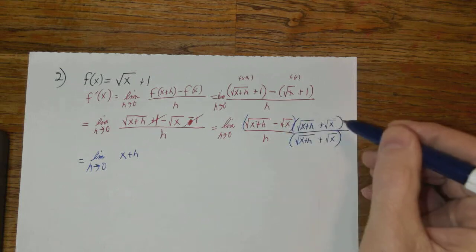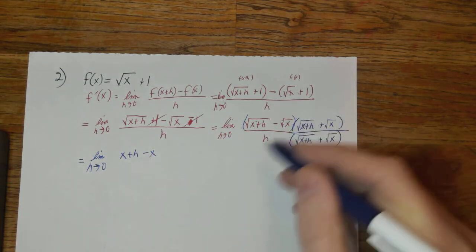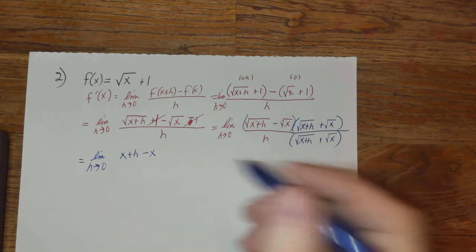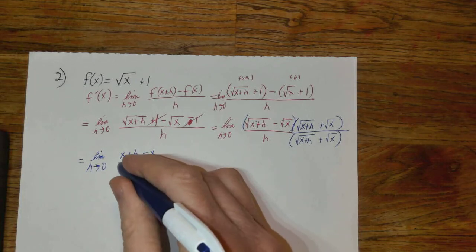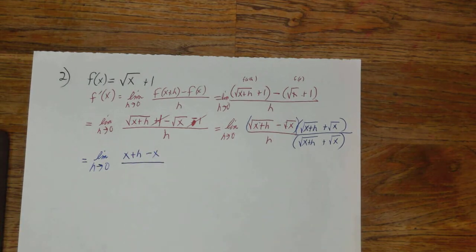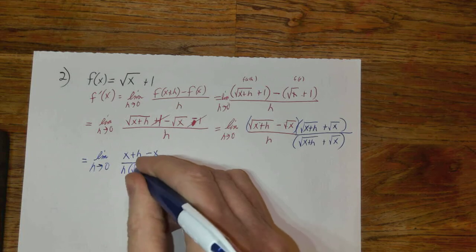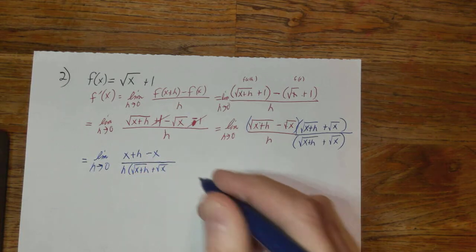And then negative square root of x times positive square root of x is negative x. The square roots just cancel out. When you're squaring it, you're multiplying it by itself. And then let's put this over h times the square root of x plus h plus the square root of x.